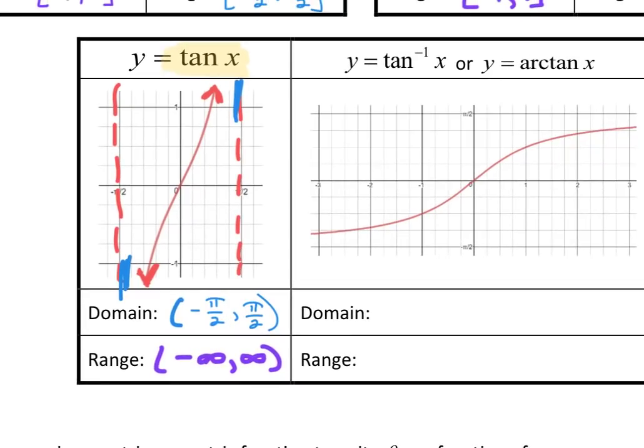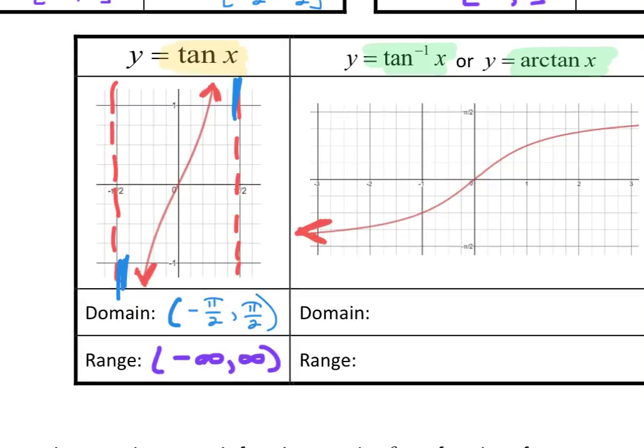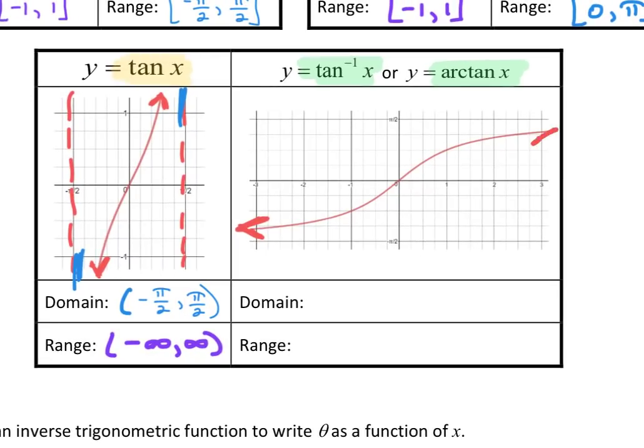And then when you exchange the domain and range, or you reflect the graph of the original tangent function across the line y equals x to get the inverse or the arctan function, the part of the graph that's continuous to positive and negative infinity is now the domain. And so you've got these arrows here that show that the graph goes forever left and forever right.